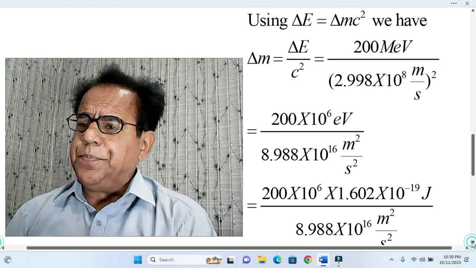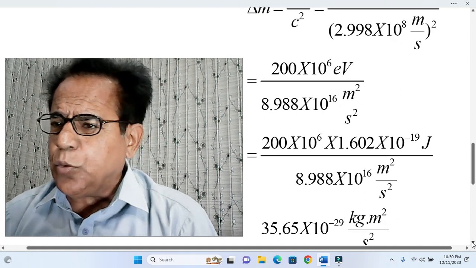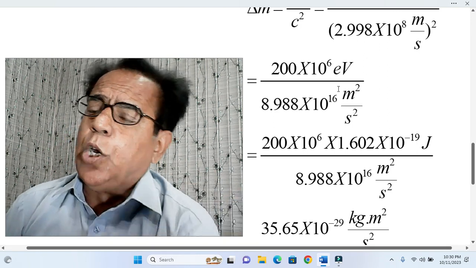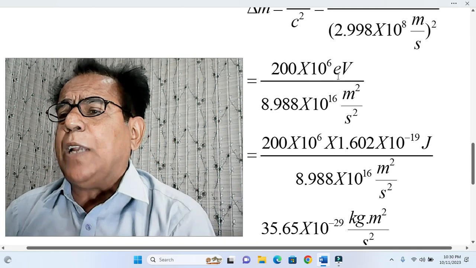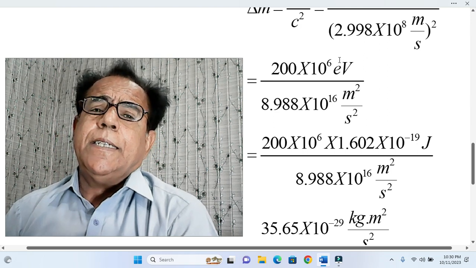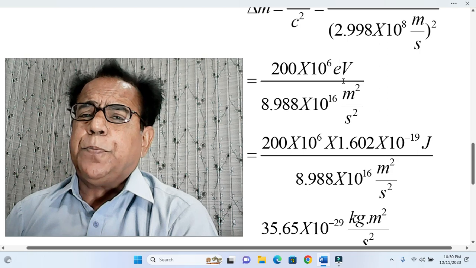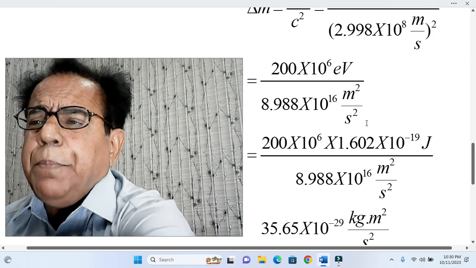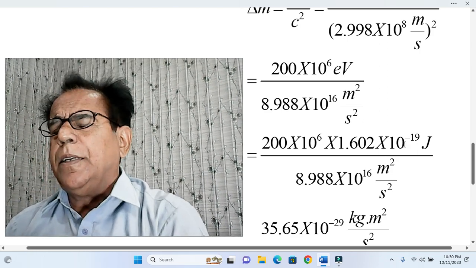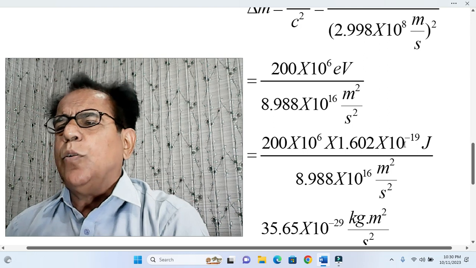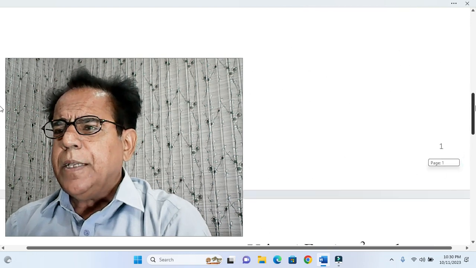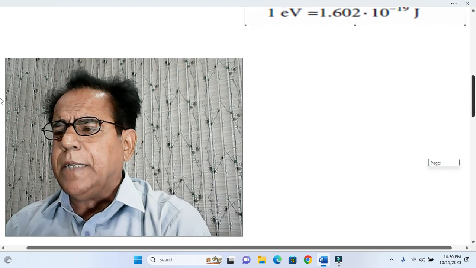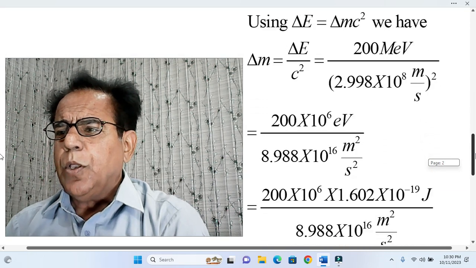Next, simplification, nothing else, dear students. This becomes equal to 200 into what we have done here. In place of electron volt we have used its alternate value from the conversion factor, which I had shown in the beginning of this problem: 1 electron volt equal to 1.602 into 10 raised to the power minus 19 joule.